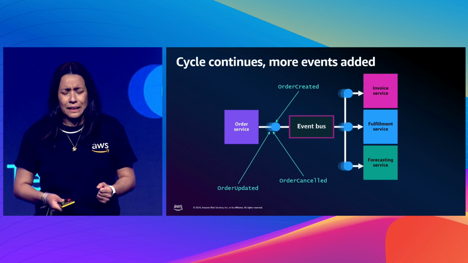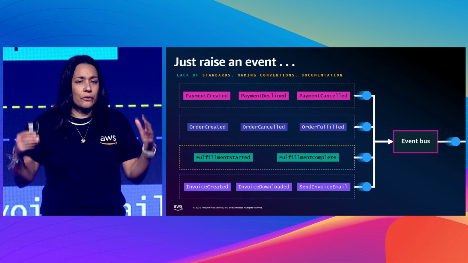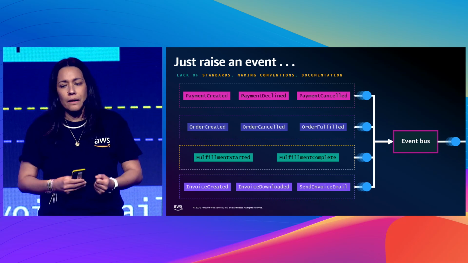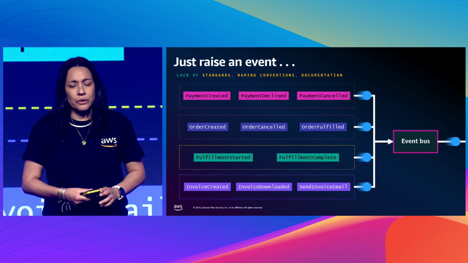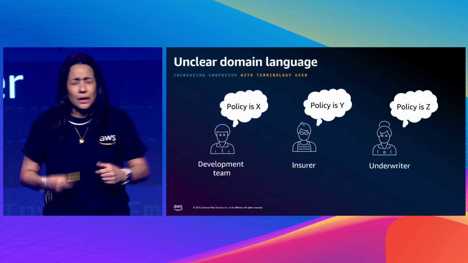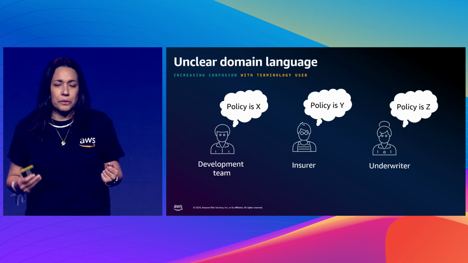And then things start to become complicated in that our systems have grown into this very ad hoc ecosystem. We have more domains, and we don't really have clear boundaries anymore. And what also tends to happen is that we see this unclear domain language emerging.